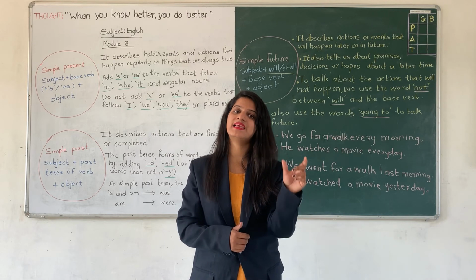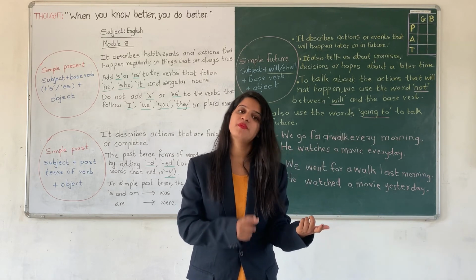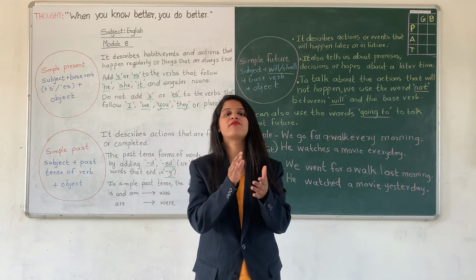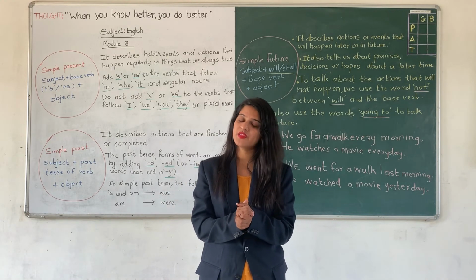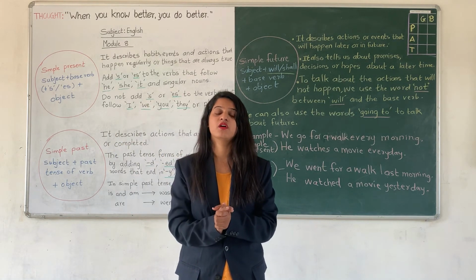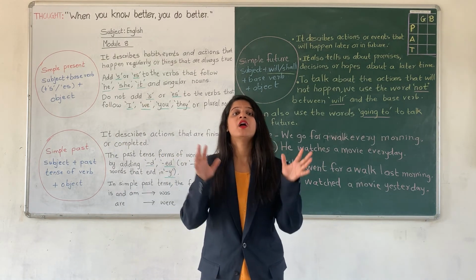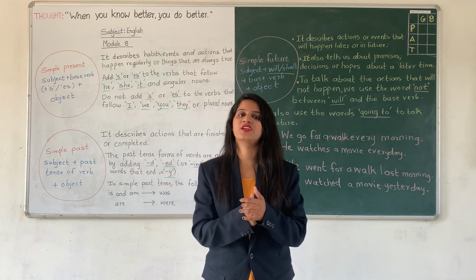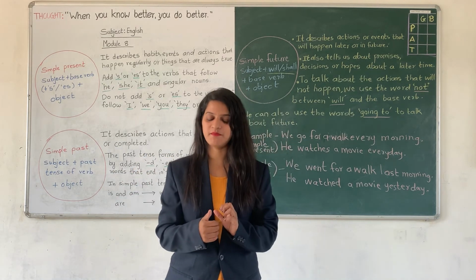So will is the helping verb, go is the base verb. So in between them we have to use not. Like we can say that we will not go to Mumbai next week. Okay? This is an example.